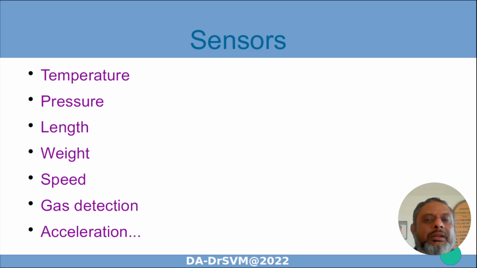There are various transducers available to measure temperature and pressure. Then there are various techniques to measure the length, weight, speed. We have today a lot of gas detectors. For security and safety reasons, we have gas detectors, acceleration measurements, and all. So many are possible.